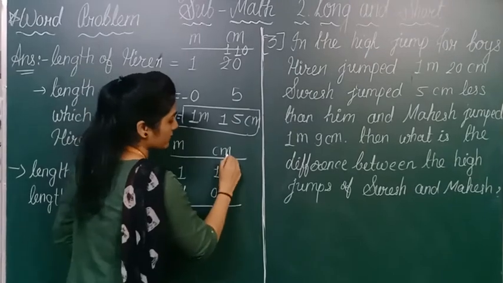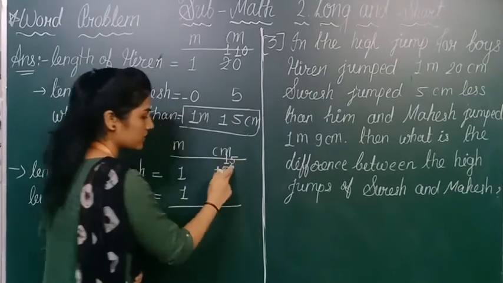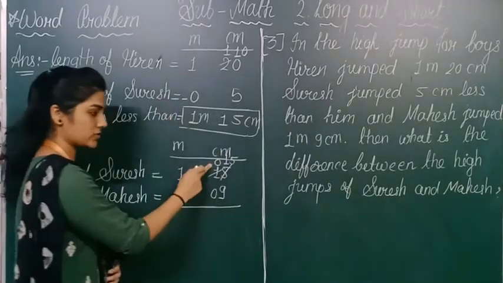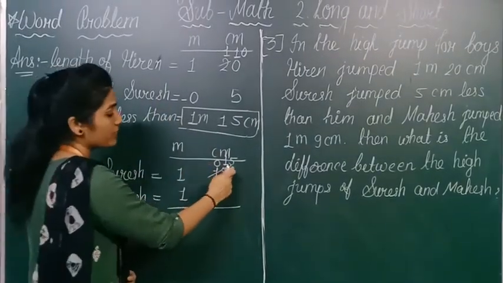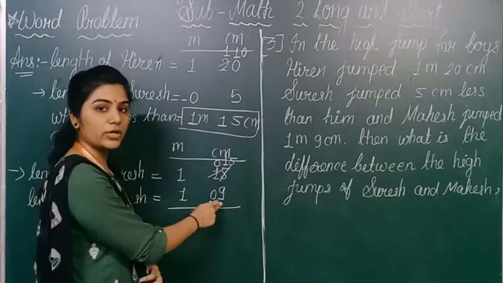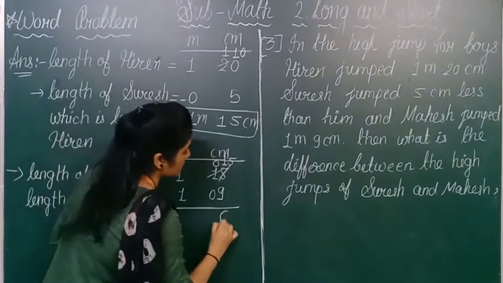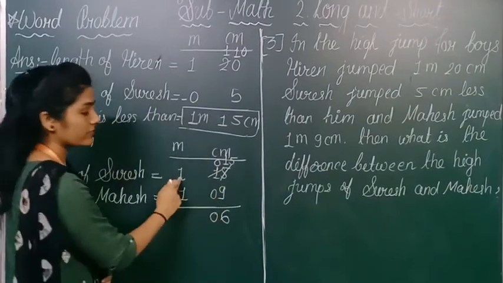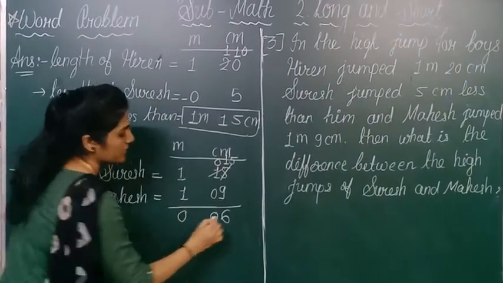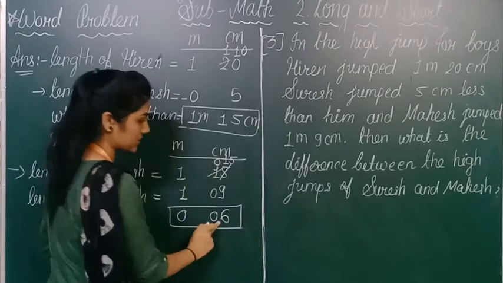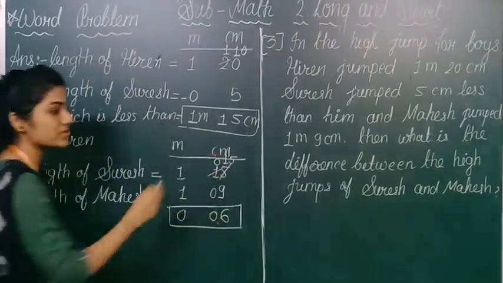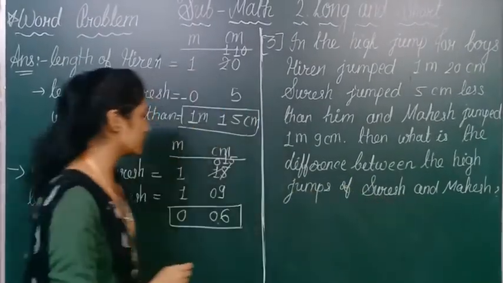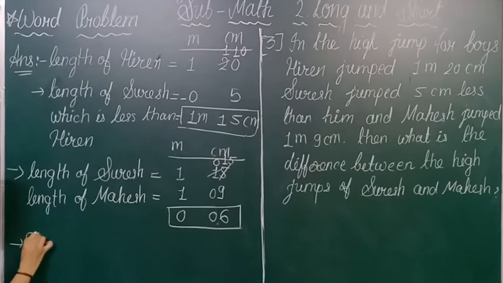That means again we have to put borrow number 15 minus 9 and we have to put one number less, which is 0. Now 15 minus 9, already you know the answer, right? 6. And 0 minus 0, 0. And 1 minus 1, 0. That means we are having our answer 6 centimeter only. So we can say that the difference between the high jumps of Suresh and Mahesh is 6 centimeter.